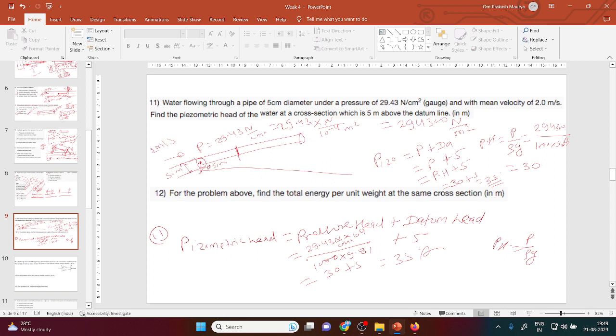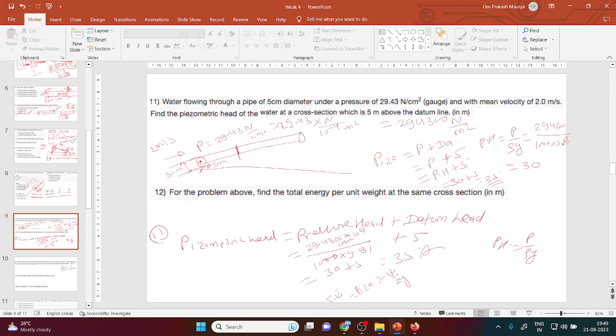For question number 12, find the total energy is asked. So for total energy, what will you do? You just add the piezometric head plus velocity head, v square by 2g. This is the total energy. How much v is given? 2.